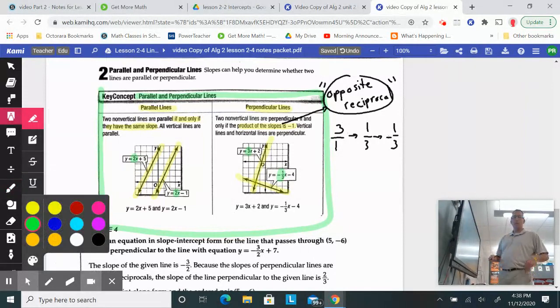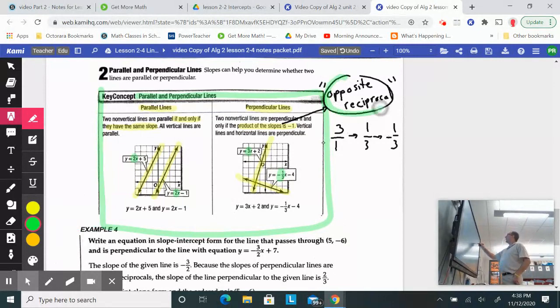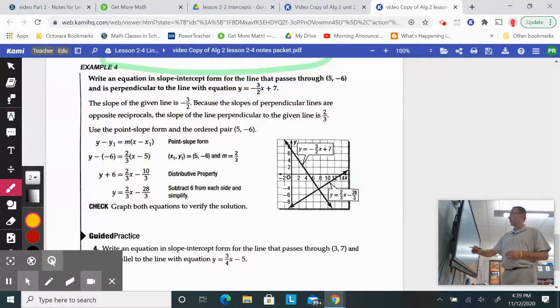For perpendicular lines, their slopes will be opposite reciprocals. If you multiply 3 times -1/3, you get -1. So opposite reciprocal is the best way of remembering that. Parallel lines have the same slope. Let's take a look at a couple examples.